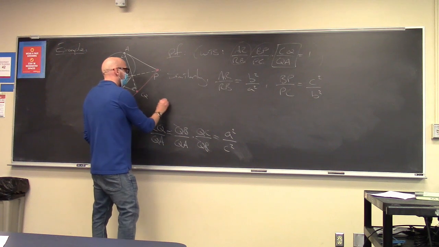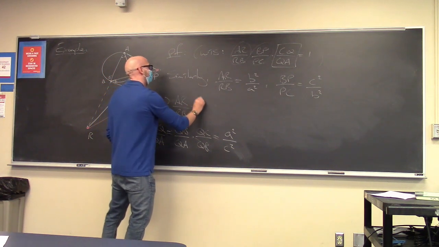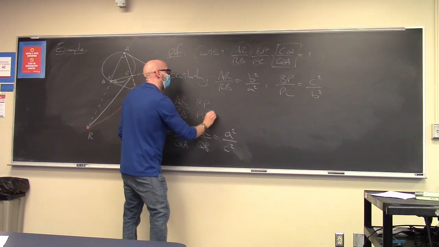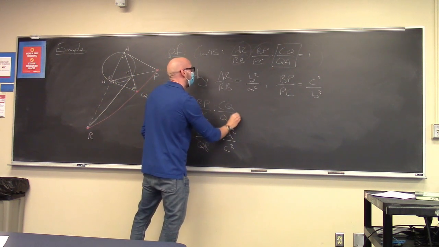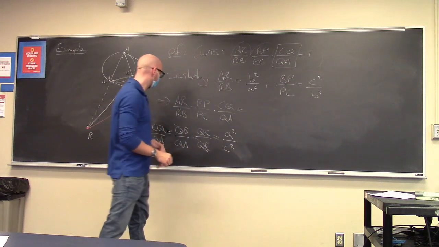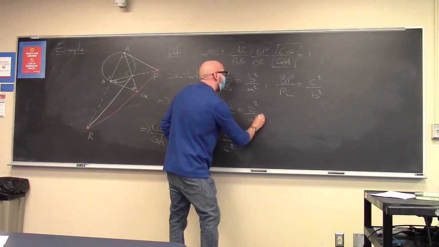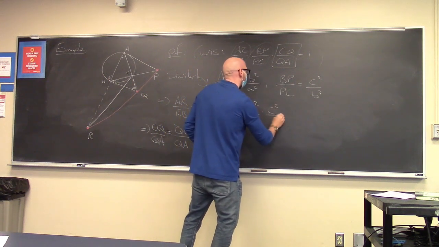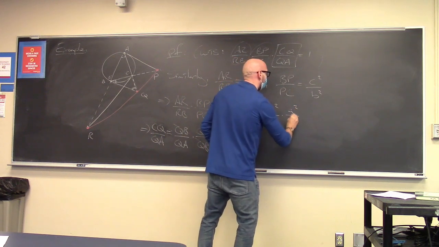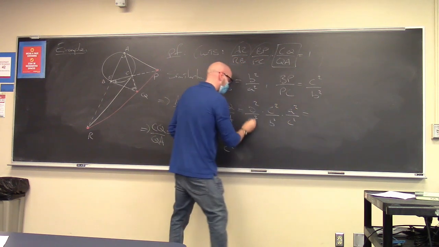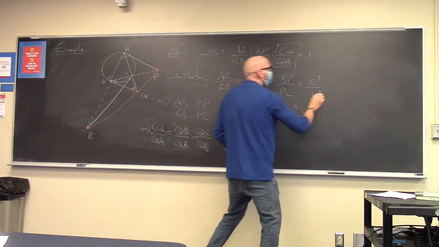So now compute your Chevian product, AR over RB times BP over PC times CQ over QA. Well, that's going to be, what do we have? b squared over a squared times c squared over b squared times a squared over c squared. And I think everything cancels, equals 1.